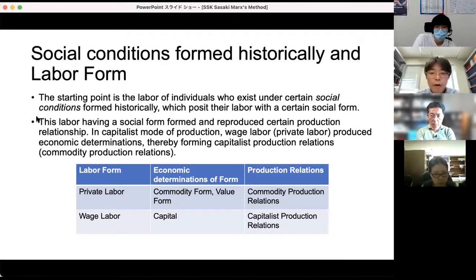The labor form of private labor generates commodity form and value form, thereby forming commodity production relations. And likewise, the labor form of wage labor generates capital, thereby forming capitalist production relations.